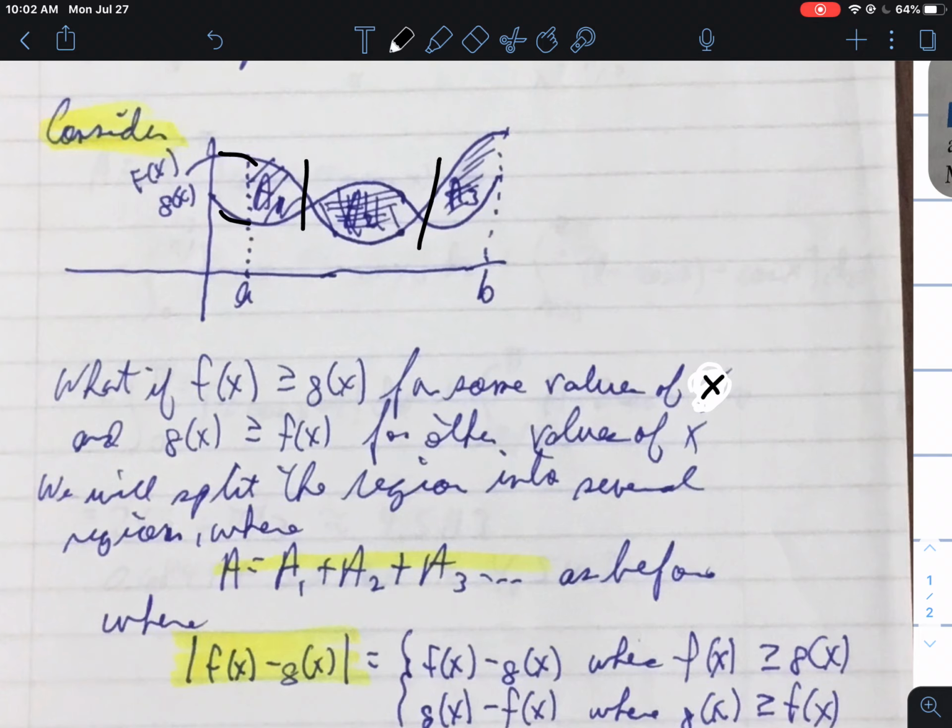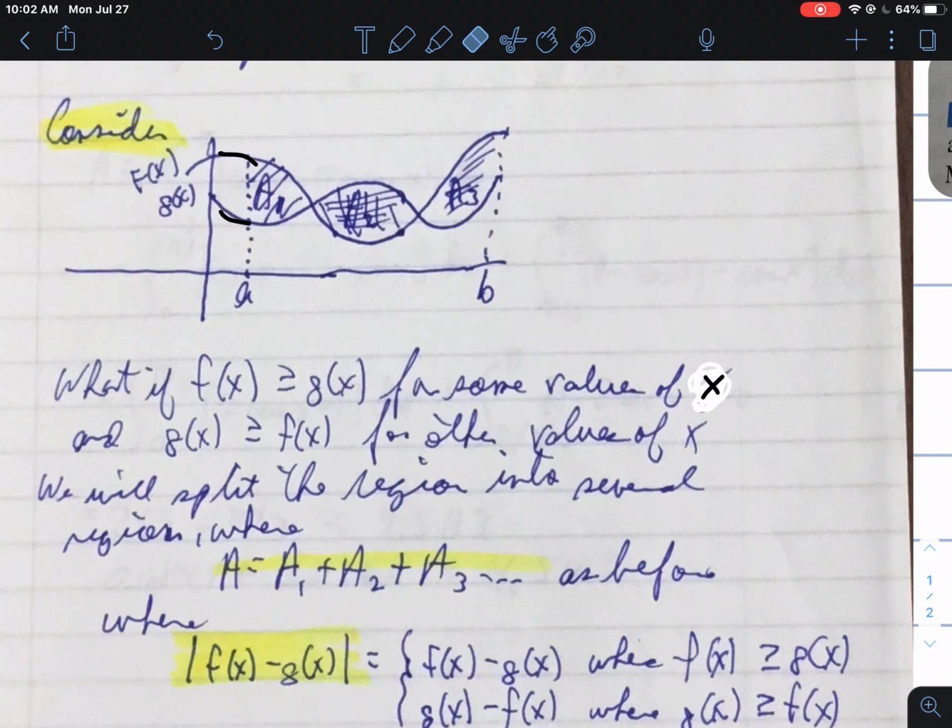So this interval from a to b would be split into multiple regions at each point of intersection between our two curves. Okay? And then we would calculate the area by taking the upper function minus the lower function, but that would change from subinterval to subinterval.